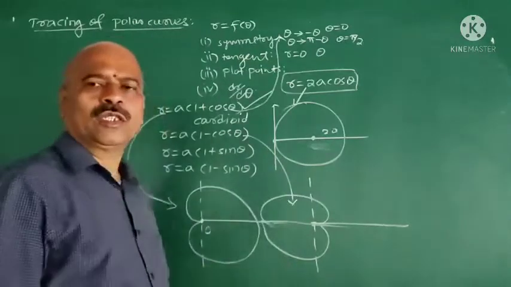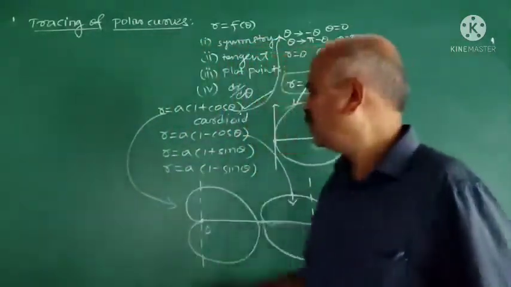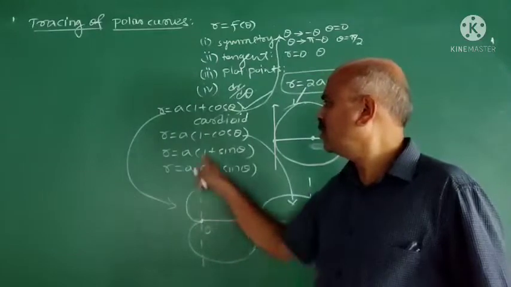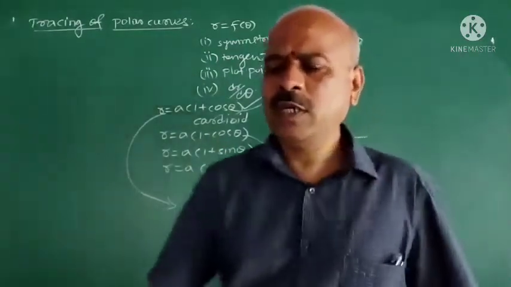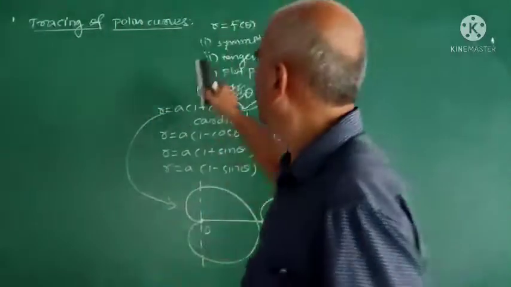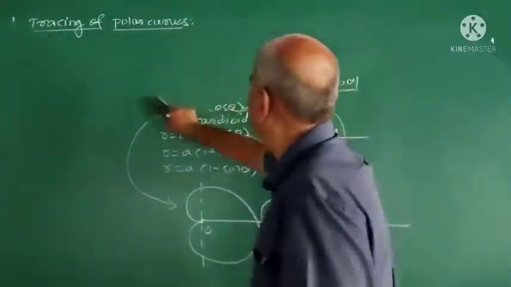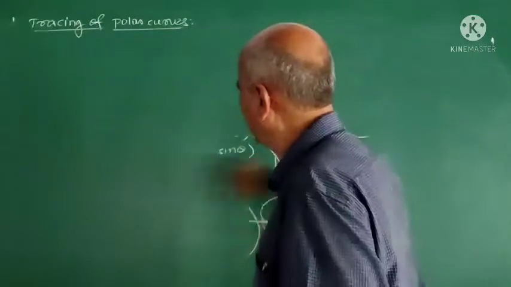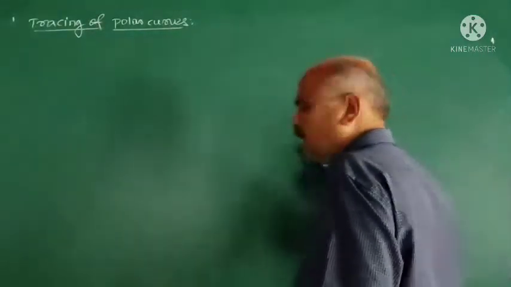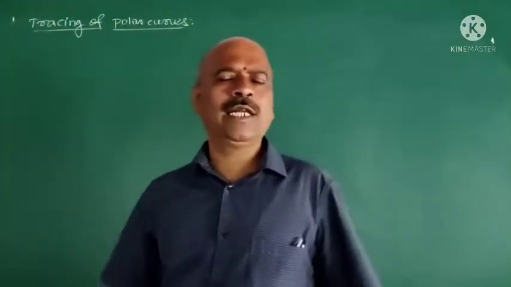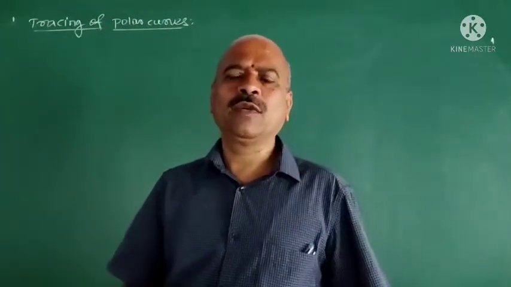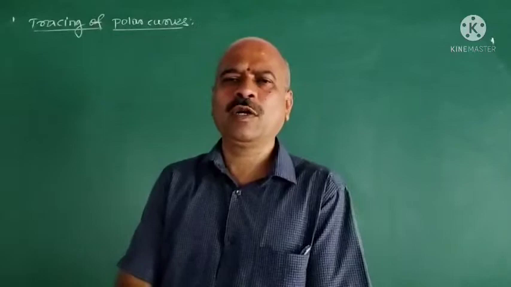If possible, remember these curves, R is a into 1 plus cos theta and R is a into 1 minus cos theta. We require these curves in the application of definite integrals. Three applications you are supposed to study: first is application to areas, then rectification, that is length of the curves, surface of revolution, and solid of revolution.